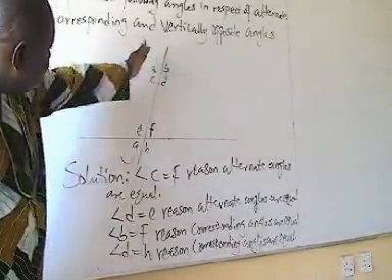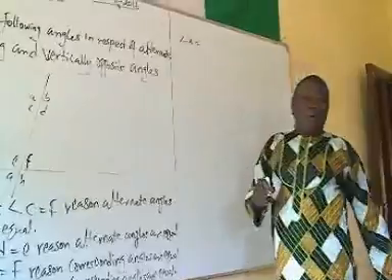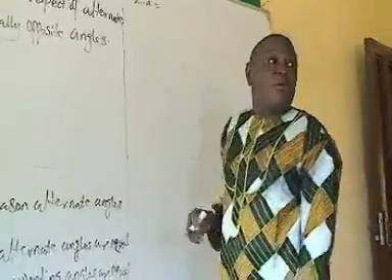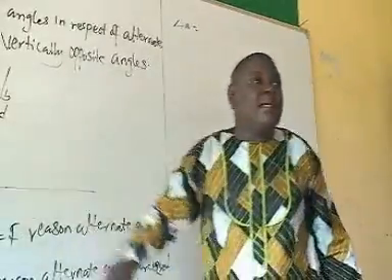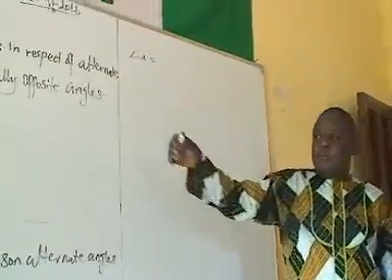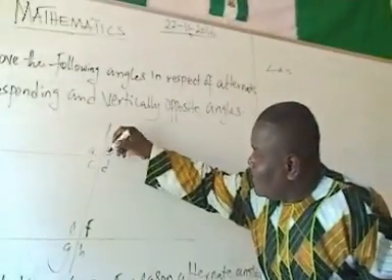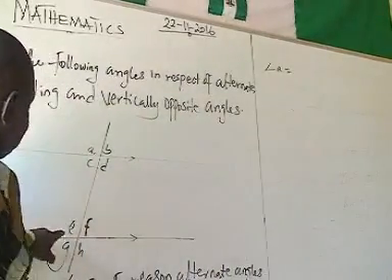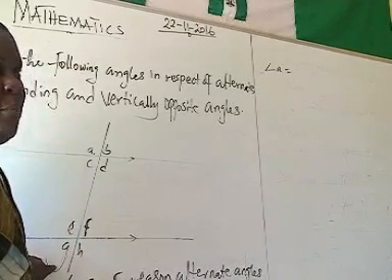Let us prove the other side. Angle A equals to what? E. Very good. A equals to E. After jumping a parallel line, it will now pick its partner. This one will jump this parallel line and pick its own partner.